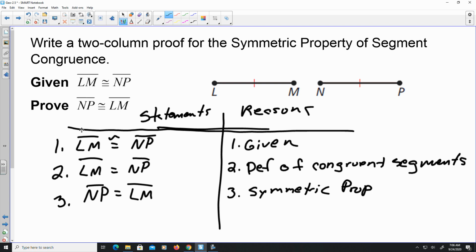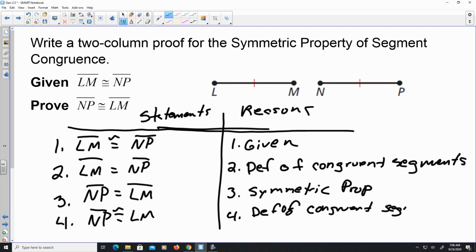And then finally resort back to congruent and say definition of congruent segments. I'll be honest with you, I believe if you just went from step 1 to step 2, flipped them and said symmetric property, I think that would be good enough. But this is another way of looking at it for sure.